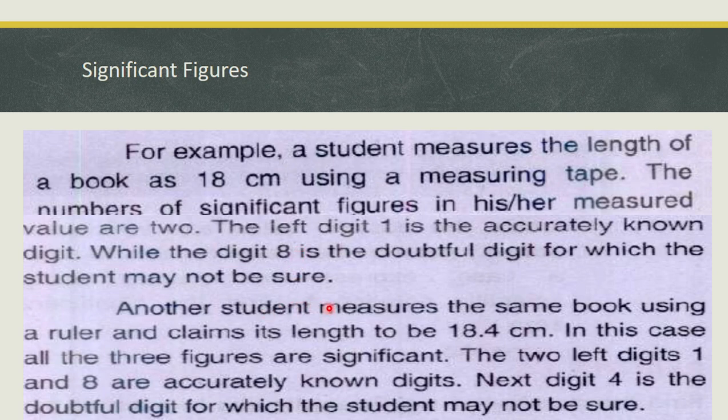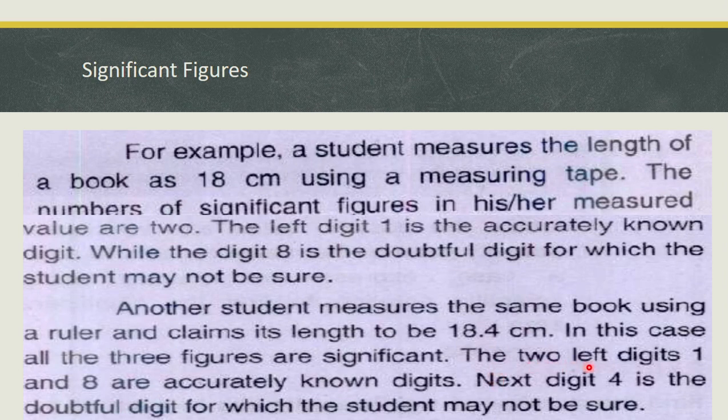Now another student measured the same book using a ruler. When he or she uses a ruler and claims its length to be 18.4 centimeters, in this case there are three significant figures. Why are there three? Because 1 and 8 are accurately known digits, and the 4 is the doubtful digit. Because this instrument can measure up to 1/10 of a centimeter, we can say that 18.4 is correct, because 0.4 is 1/10 of a centimeter.